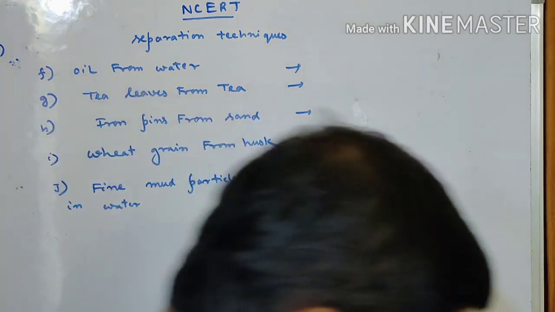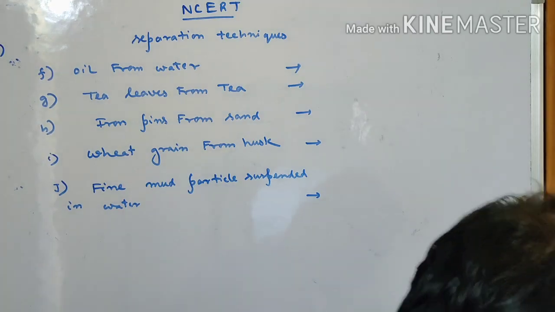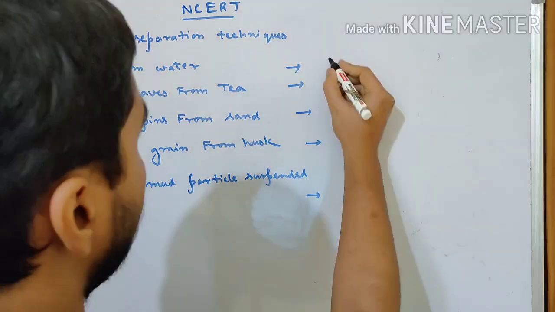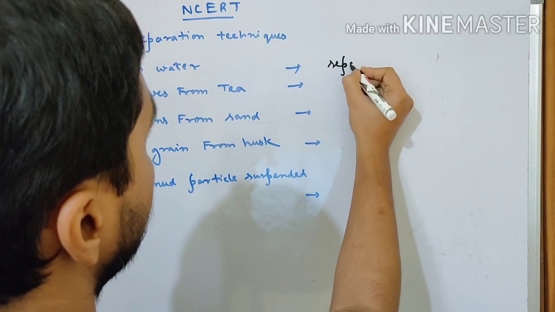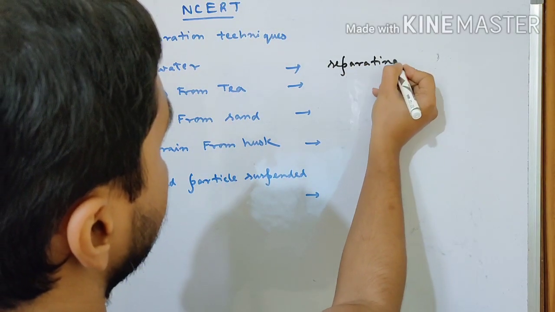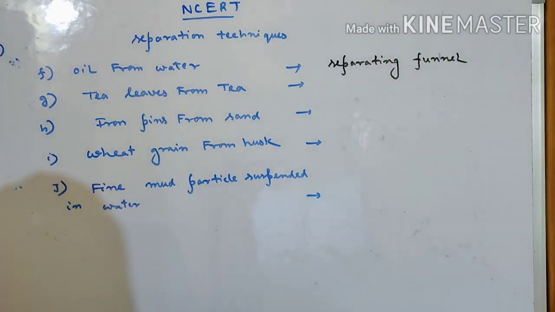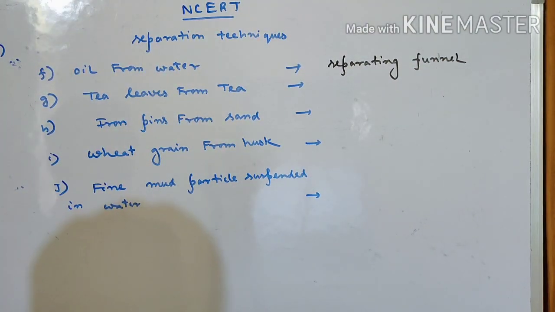So obviously oil from water, that is the question number F. I think the separating funnel will be the best way, because it will create two immiscible liquids. Oil will float on water, so water will go down easily.